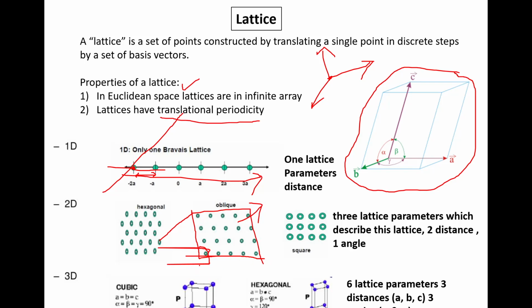So one angle and two distances are required to create a 2D lattice. For creating a 3D lattice, you require three angles made by all these axes together, and also these unit vectors, that is A, B and C. So there are six lattice parameters in a 3D lattice, three distances and three angles.